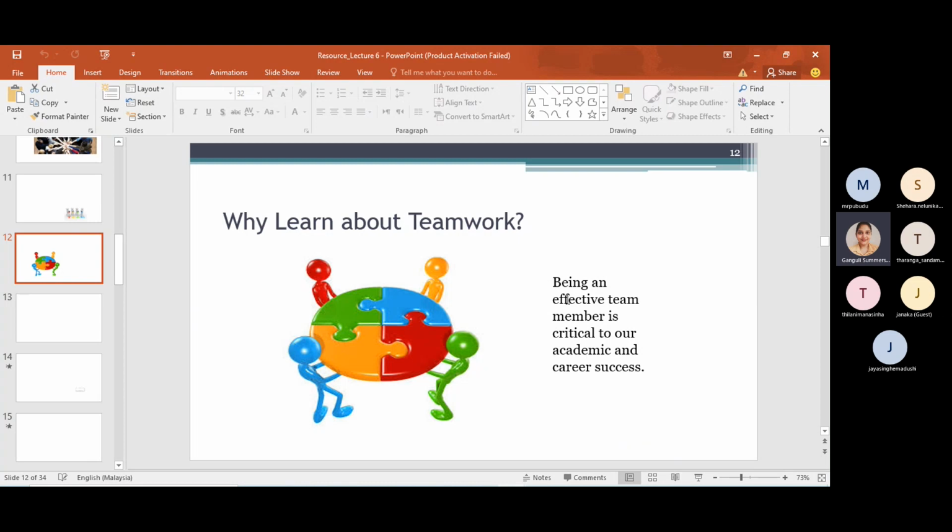In academic life, there are situations where you have to work with other people in the class, right? And in your professional life, there are lots of situations where you have to work with other people in the workplace. Teamworking is a skill which is critical for everyone's academic and career success. This is why you should learn about teamwork.